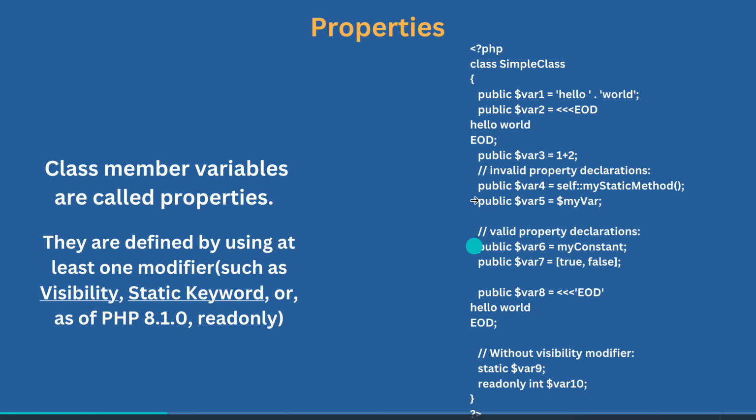So here I'm only giving an idea of how many ways you can write the properties. That's it, right?